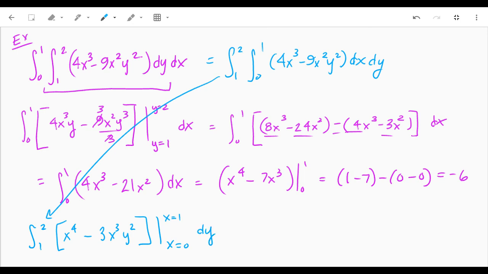So this would be the integral from 1 to 2 of, let's see here, we'd have 1 minus 3y squared, and then minus 0.